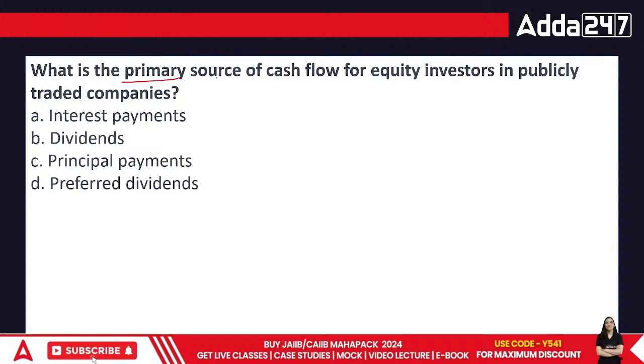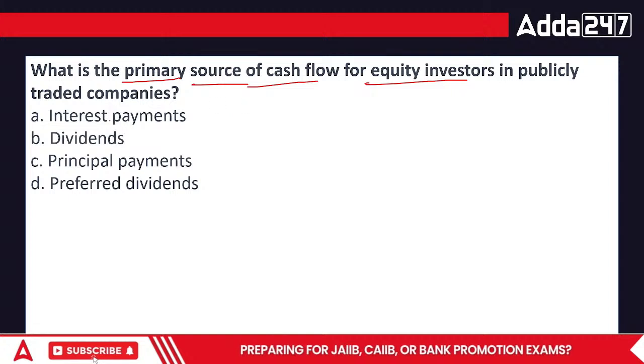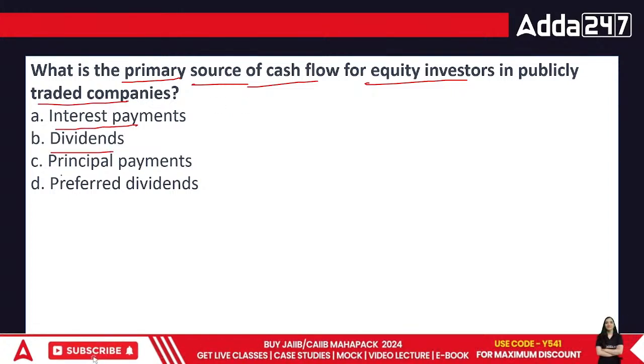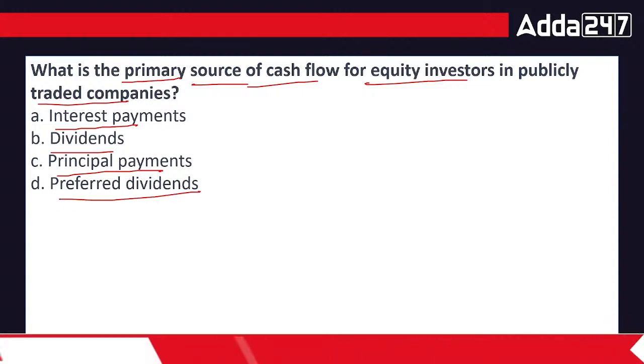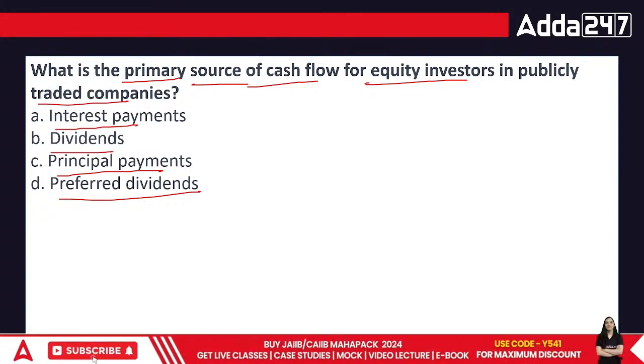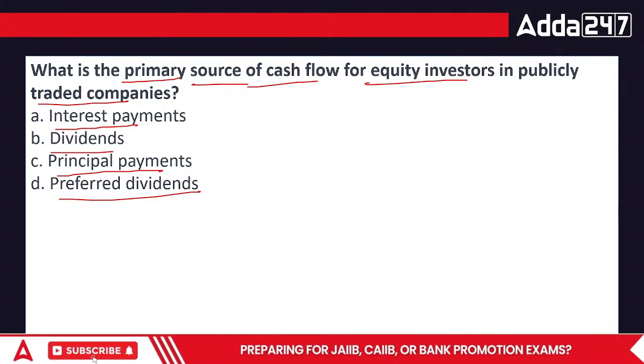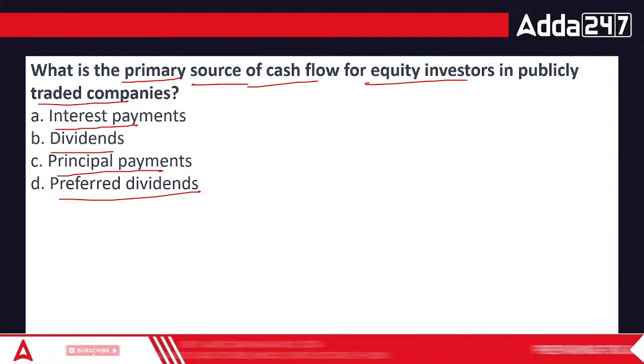What is the primary source of cash flows for equity investors in publicly traded companies? Interest payments, dividends, principal payments, or preferred dividends? What would be the answer, everyone? Primary source of cash inflows.